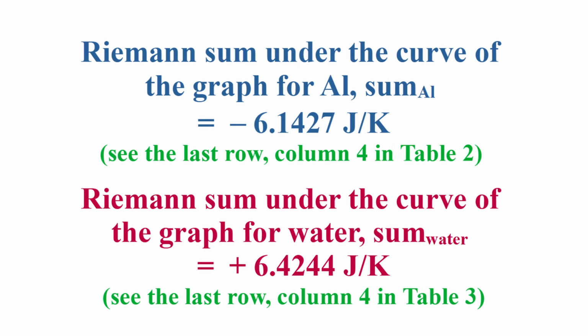For aluminum, it is negative 6.1427 joule per Kelvin from table 2 as mentioned before. For water, it is positive 6.4244 joule per Kelvin from table 3 again as mentioned before.